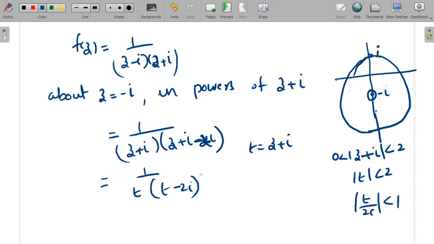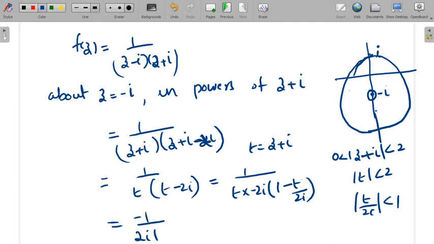And hence in this case also we take minus 2i as common. 1 by t into minus 2i into 1 minus t by 2i. And you may keep that minus 1 by 2i t there and write the expansion of 1 by t minus 2i, which is 1 plus t by 2i plus t square by 2i square, etc. Then replace t by z plus i.